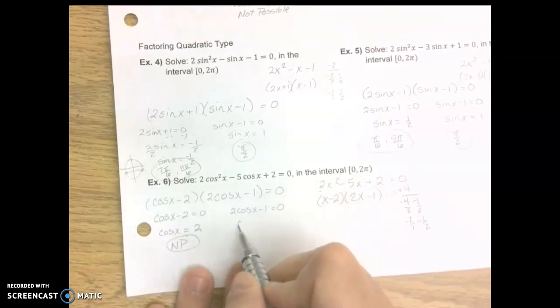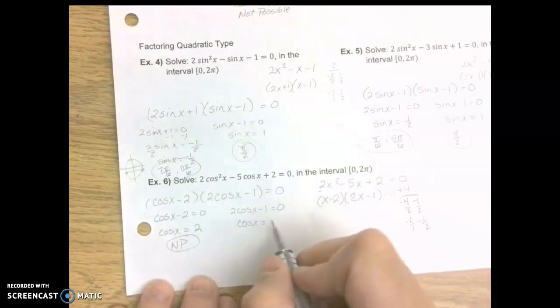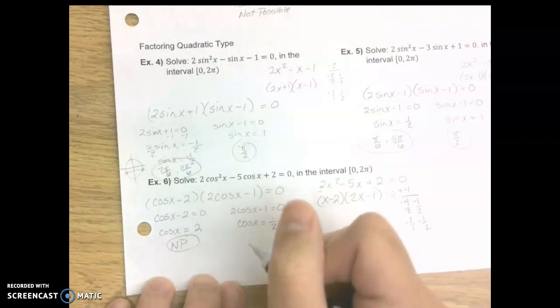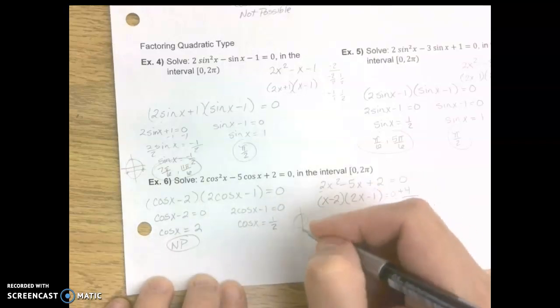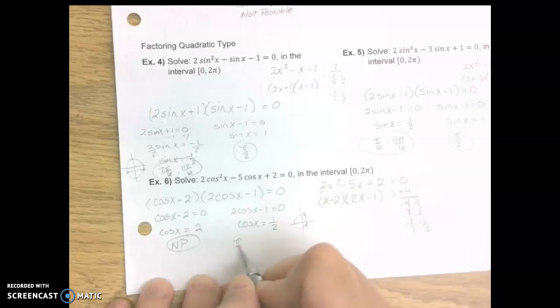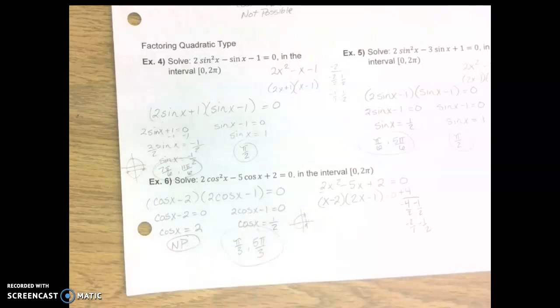And this is a cosine of x equal to a positive 1/2. When is cosine equal to a positive 1/2? That's right here at pi over 3 and 5 pi over 3. So that one only has 2 solutions within that interval.